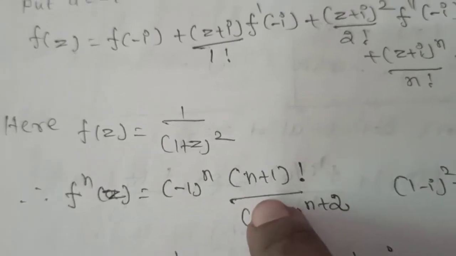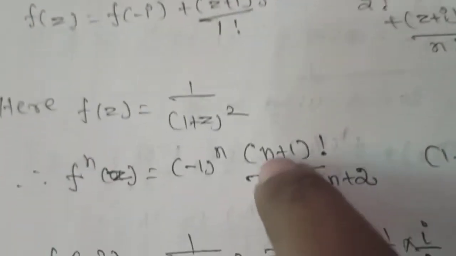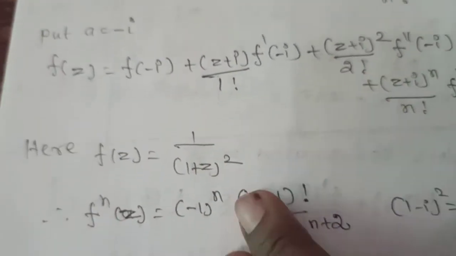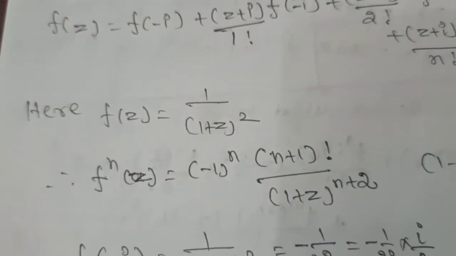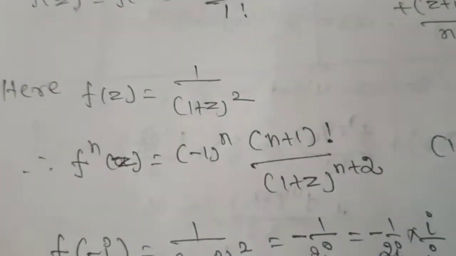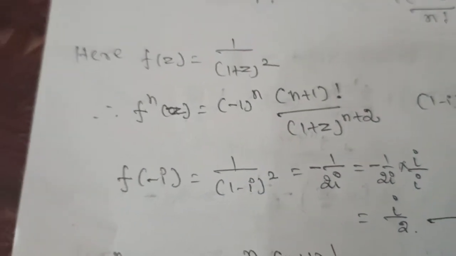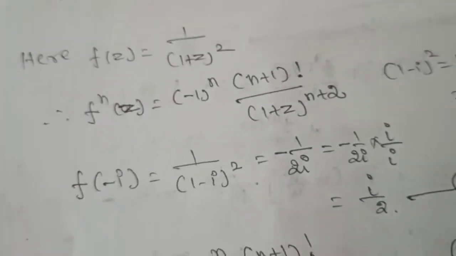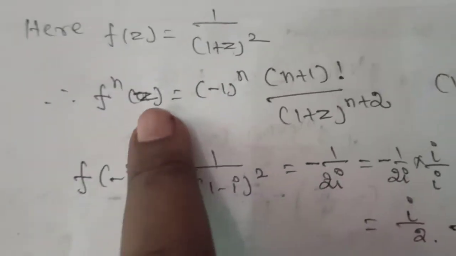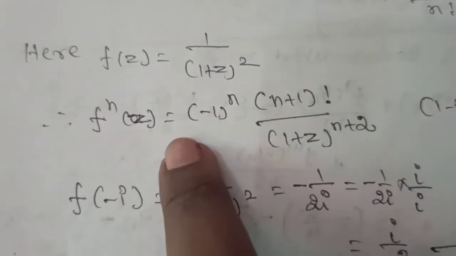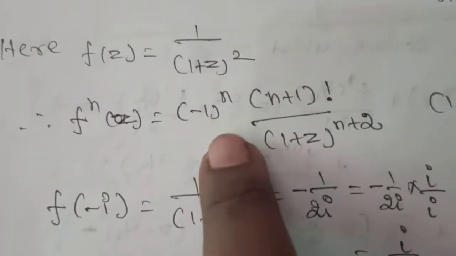Why are we using this formula? Because in this given problem the denominator has a higher power, which makes the differentiation difficult. So this type of problem can use the nth term of the expansion formula.